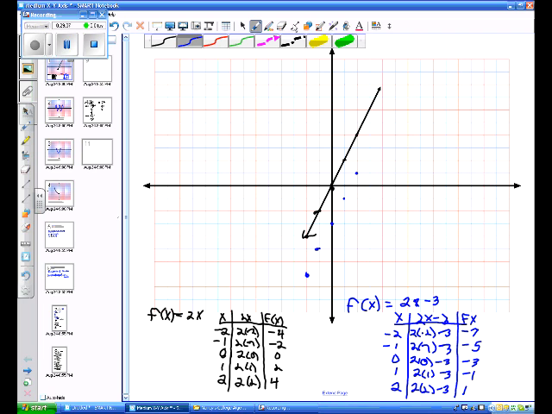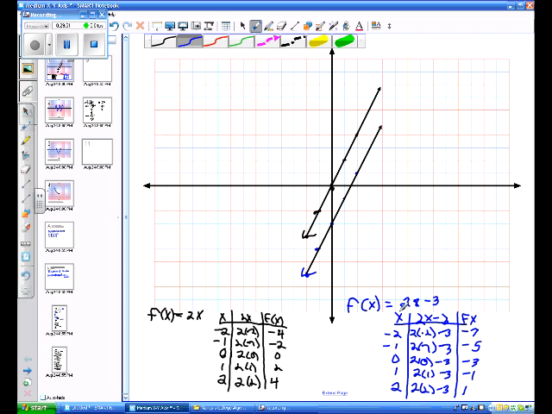And again, if we connect these, we're going to have a line. One of the things you might notice about those lines is that they are parallel. Every point here is exactly 3 units below every point up here. So it was the same function, but we dropped every point down 3 units.